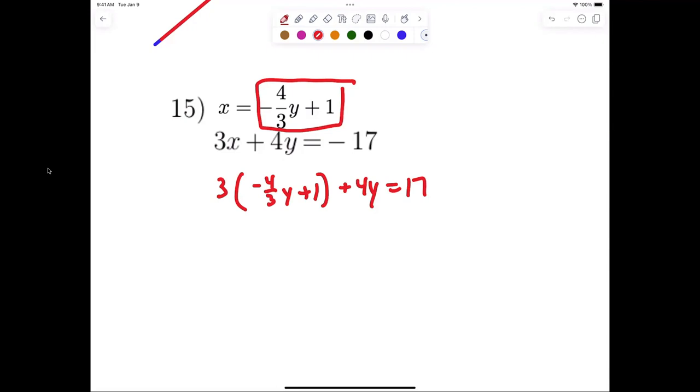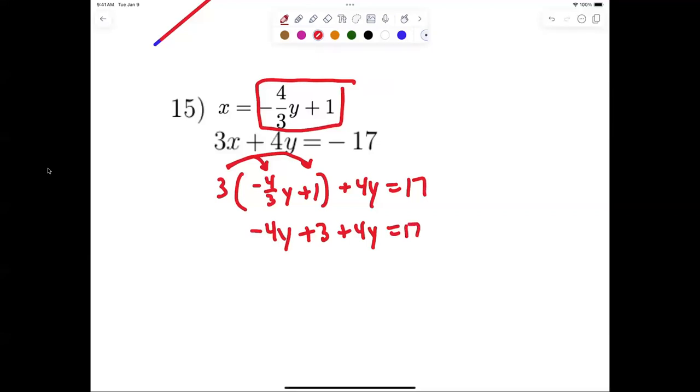Now, when you distribute the 3, what do we get? Say it. -4y plus 3 plus 4y equals 17.